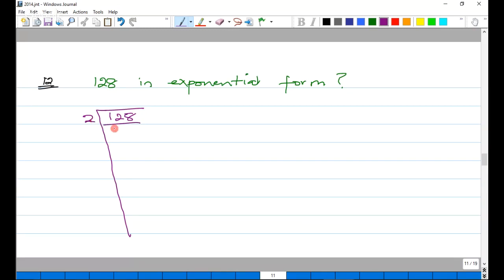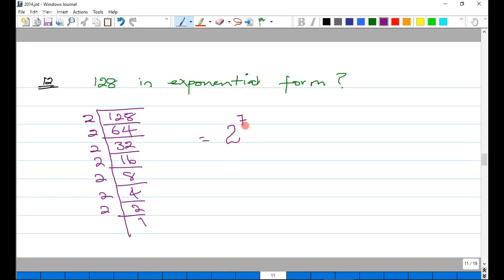So 2 into 128 would give me 64. 2 into 64 would give me 32. 2 into 32 should give me 16. 2 into 16 should give me 8. 2 into 8, 4. 2 into 4, 2. 2 into 2, 1. So 1, 2, 3, 4, 5, 6, 7. This should be equal to 2 to the 7th power.